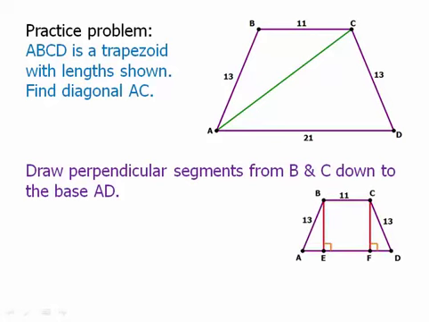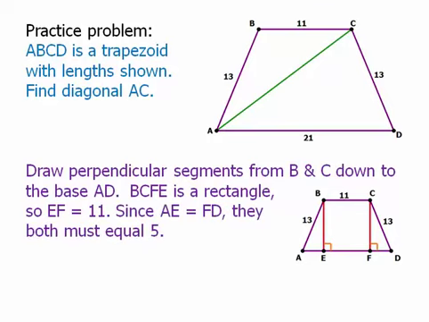So what we create is some kind of rectangle in the middle. It looks like it might be close to a square, but it's not exactly a square. And then we have two symmetrical right triangles on each side. So we know that the opposite side from BC, EF, also has to be 11. Well, that whole base is 21.